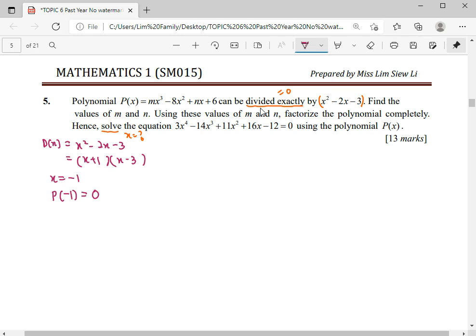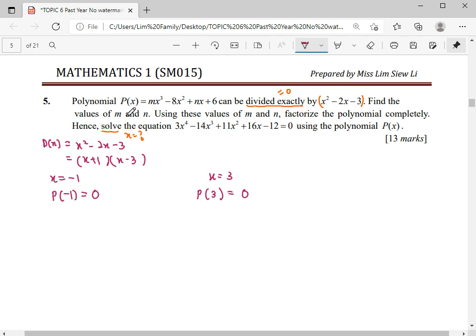Another piece of information: when x equals 3, substituting 3 into the polynomial will also equal 0. That is the keyword they give us, because they said can divide exactly. It means you don't have any remainder, so it will equal 0. If it were the remainder theorem, it means there are numbers left over after doing the division.